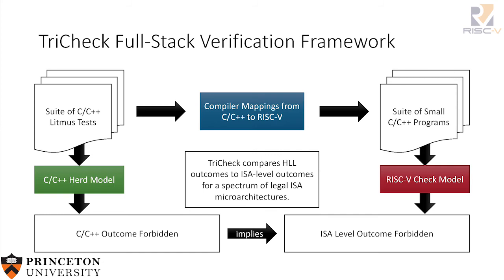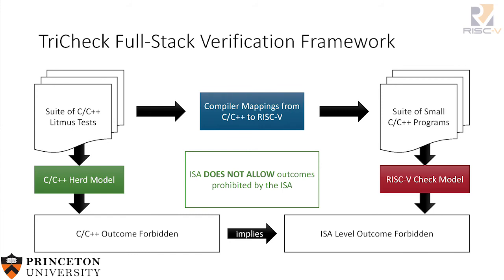One, we're looking to see if there are outcomes forbidden by C++ that would be allowed under the current RISC-V specification. That would signal a fundamental bug that we would need to reevaluate. And then we're also looking for instances where the C++ model allows an outcome that is forbidden given the current RISC-V memory model. That may or may not correlate to performance, but it could be interesting in some cases to know that your ISA would be stricter than what the language requires.